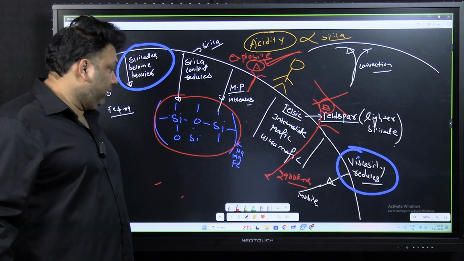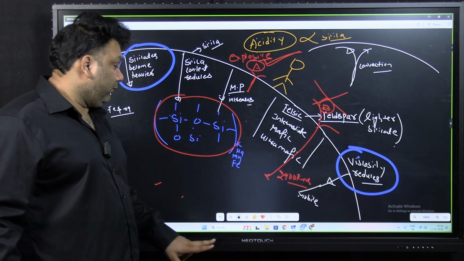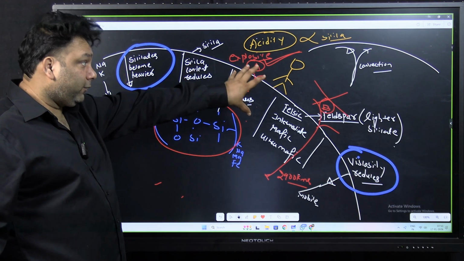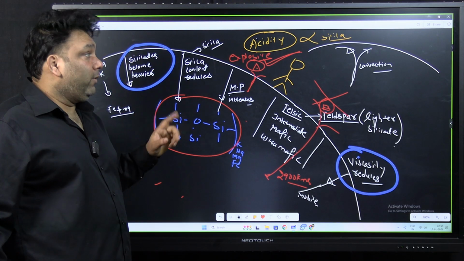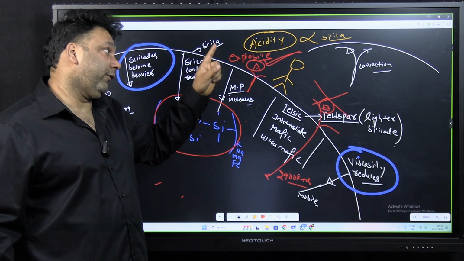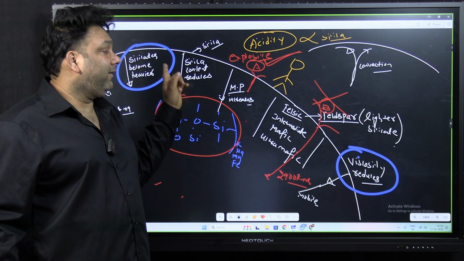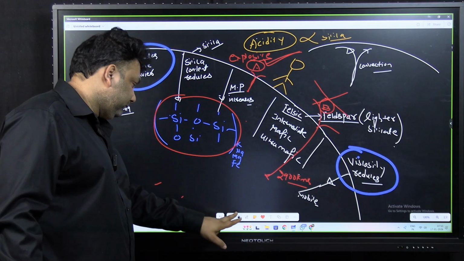Okay, so this difference you have understood. Now why has this topic come? Because we are studying rocks and minerals. So what are the various types of minerals you have seen? And among all the minerals, silicates are very important, and these are the various types of silicates.